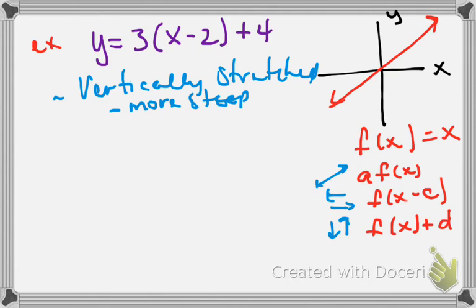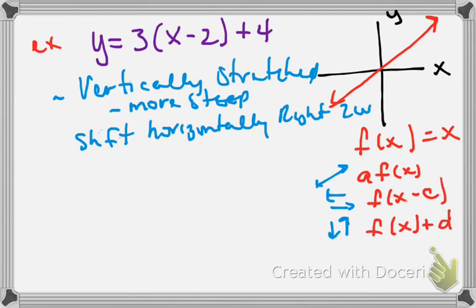All right, there's a number inside the parentheses. It's negative. Remember, inside means it shifts left or right. Because it's negative, we go the opposite direction, so it shifts horizontally right 2 units. And then the one outside tells us if it goes up or down, and since it's positive, it's the one that's alright.